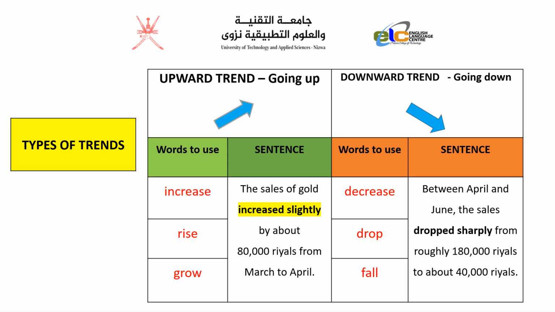Additionally, a downward trend means when the line is going down. You can use the words decrease, drop, fall, etc. An example of a sentence is, between April and June, the sales dropped sharply from roughly 180,000 riyals to about 40,000 riyals.